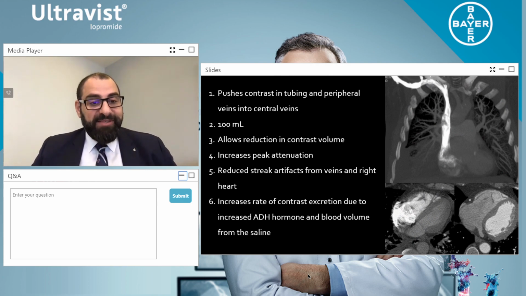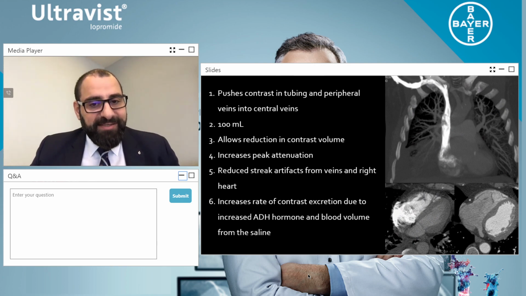So now we come and say, well, how do we decide between 300 and 370? I believe that the difference between 300 and 370, okay, 370 gives you a greater density, gives you more confidence in being able to detect these lesions. The last thing you want to do is give a 300 density contrast media, and then you go at low KVP and you don't get good enhancement of the actual tumor.